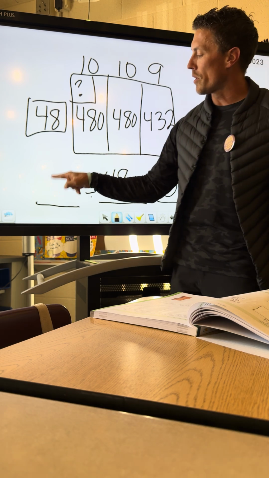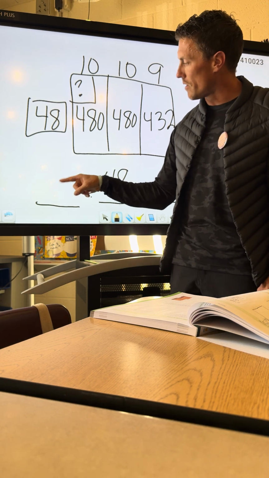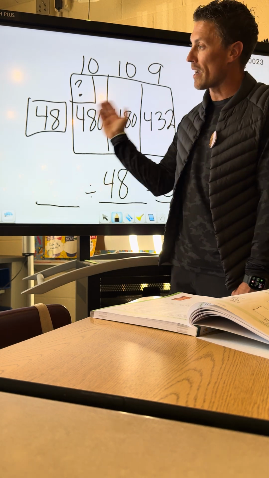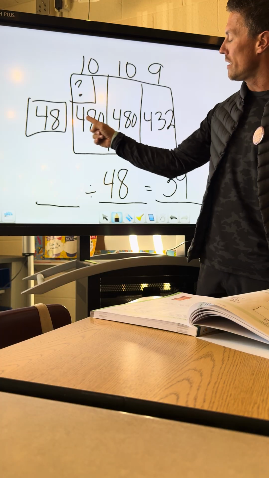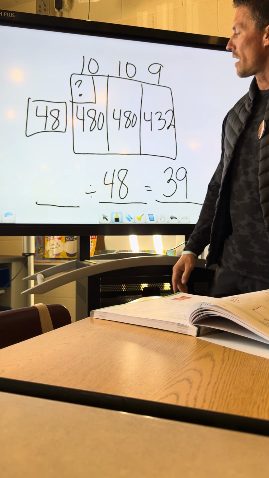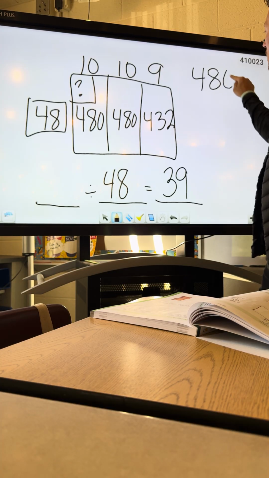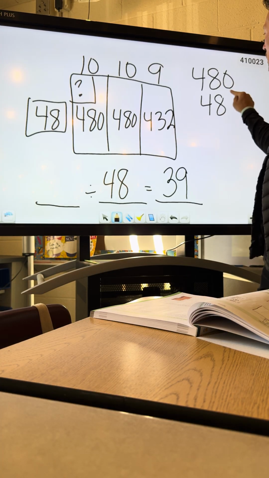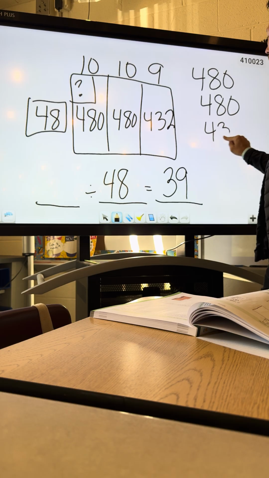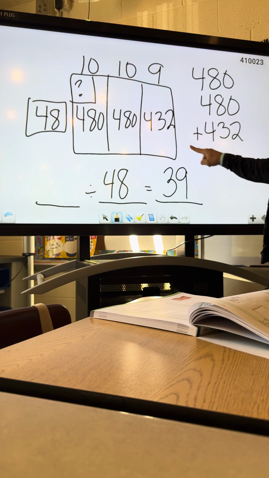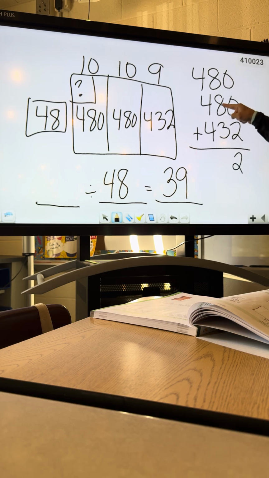But I still don't know what this is. This is my dividend, and where that comes from is all these numbers added up together. So I would have 480 plus 480 plus 432. 0 plus 0 plus 2 is 2. 8 plus 8 is 16.